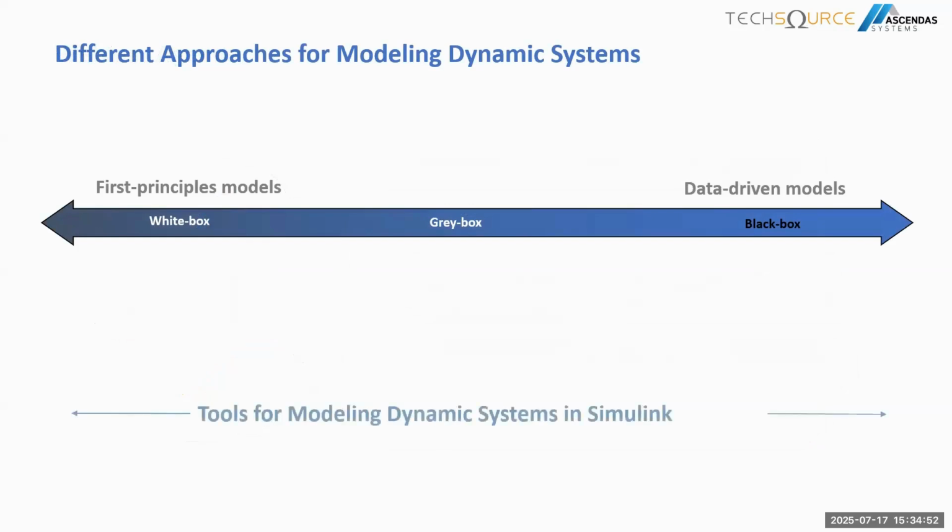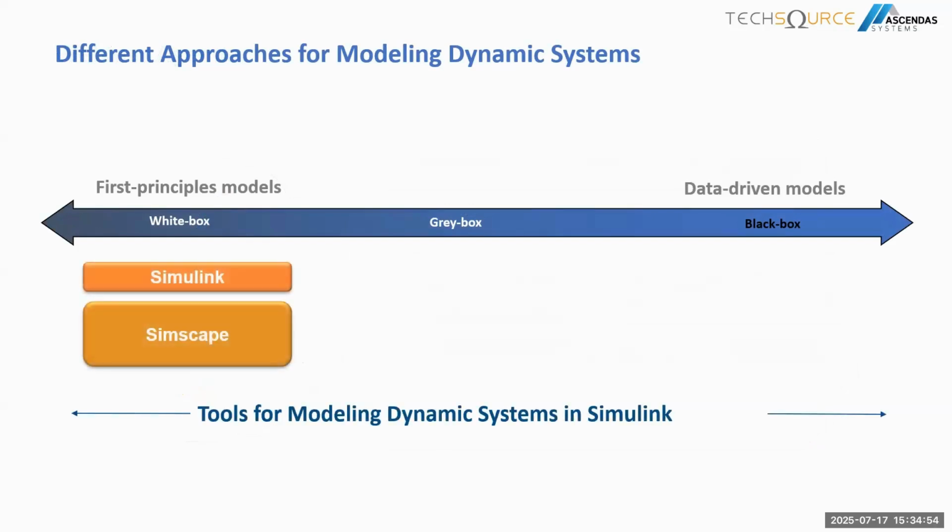If we have what we call first principle models, we have physics equations. Today we are talking more about electrical systems, so we have the physics equations for our electrical systems, and we usually use Simscape and Simulink for modeling. But sometimes we see that our model is not matching what we actually see in the environment or the actual system.